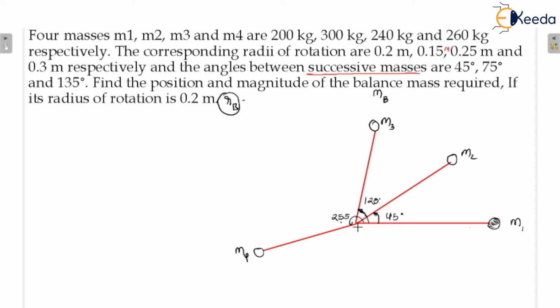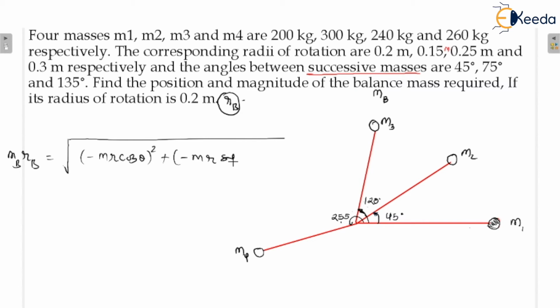So we need to do the procedure for finding the balancing mass in static balancing. We know that the formula is MBRB equals the square root of, this is the formula you must understand, minus summation MR cos theta, the horizontal forces, whole square, plus minus summation MR sin theta whole square.